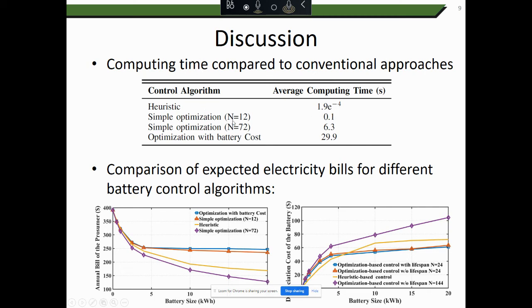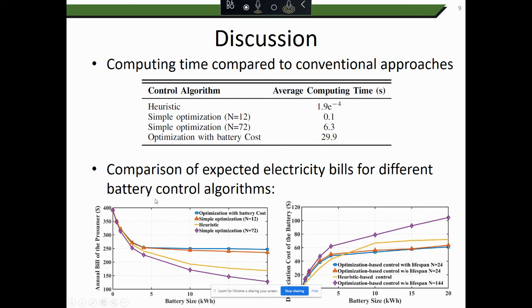If we use simple optimization for different time horizons, like 12 hours, half a day, or 72 hours, the computing time for the optimization is below 10 seconds. But if we use the battery costs in the optimization as we just presented, then the computing time explodes and goes to 30 seconds, even if we do the optimization with a time horizon of 6 hours. So this is a big cost for such an optimization.